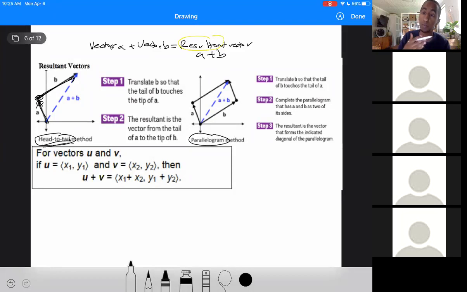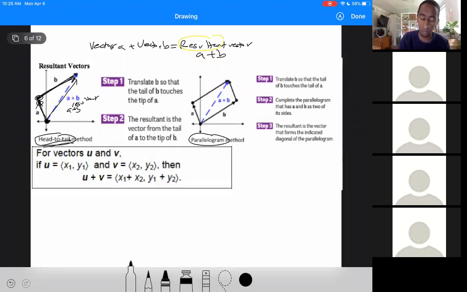And then the A plus B resultant vector here, the blue, is from the initial point of A to the end of B. That is A plus B, okay? That's using the head to tail method, all right?